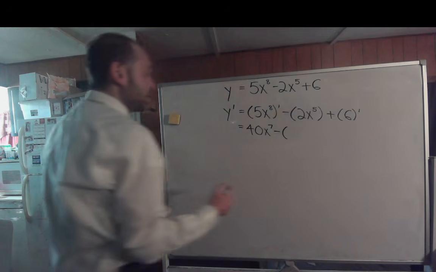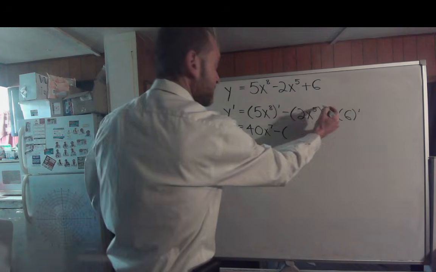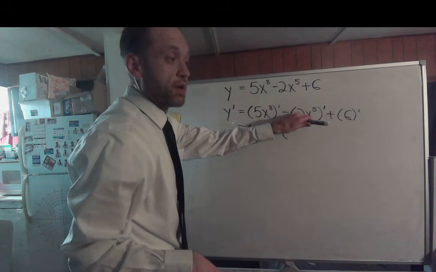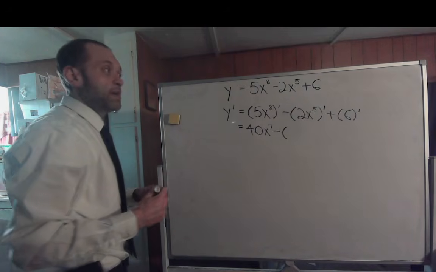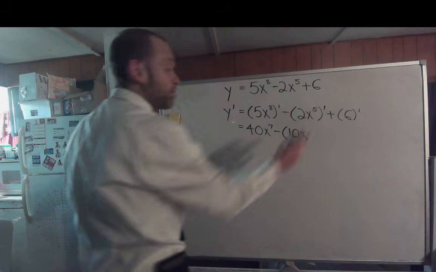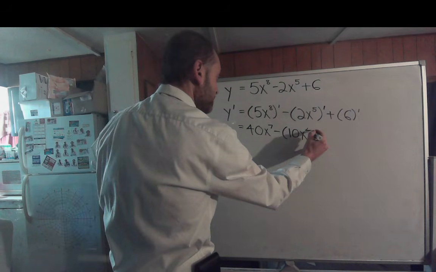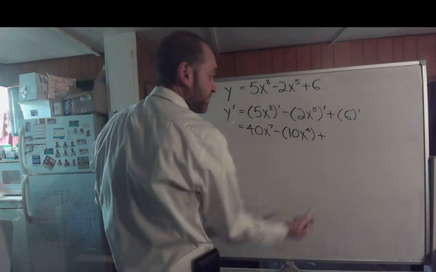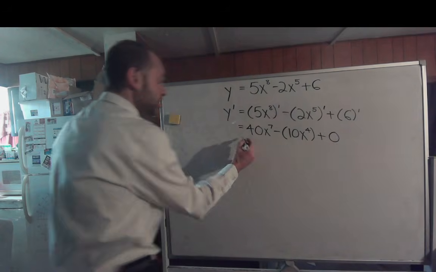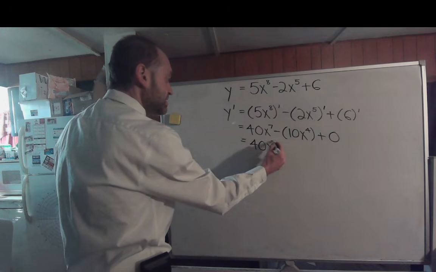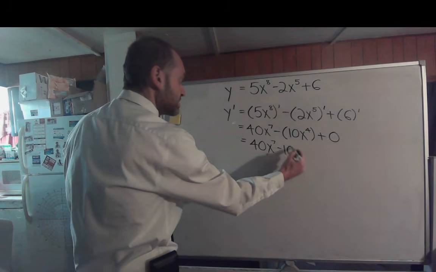minus, let's take the derivative of 2x to the 5th. Well, I'll bring that 5 down front, multiply it by 2x, that would give me 10x, and then lower that power of 5 by 1 degree, that'd be to the 4th, plus the derivative of 6, a derivative of any constant is 0, so that would make y prime equal to 40x to the 7th minus 10x to the 4th.